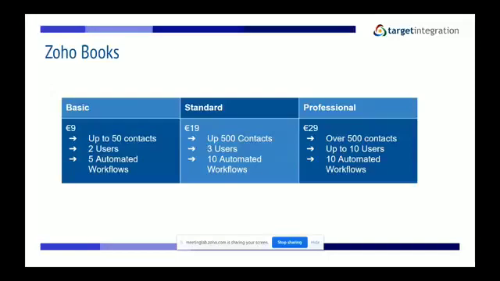And then the professional would include everything in standard, plus purchase orders, sales orders, inventory, and custom domains, which is great. So that would be the main difference between standard and professional, just the extra features that come with it, and obviously the €10 price point difference.